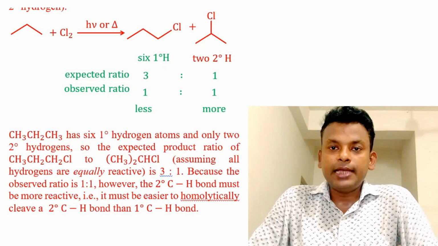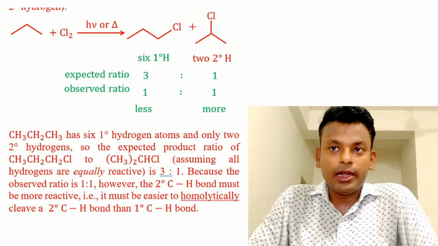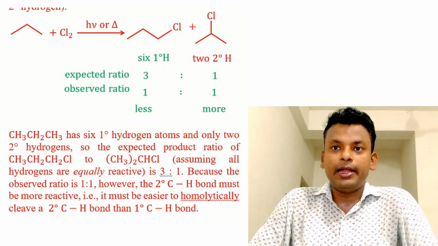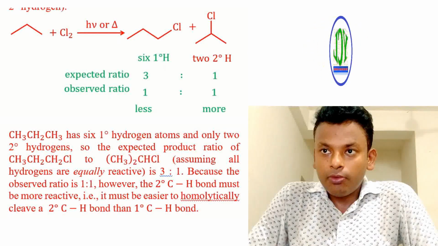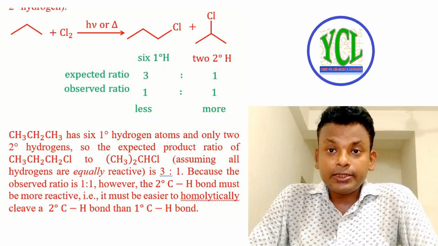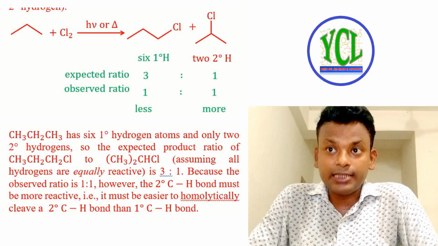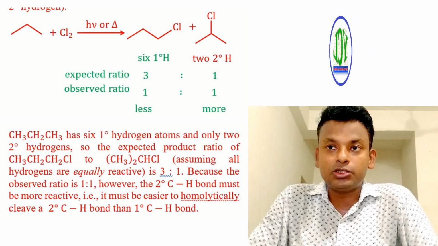Here CH3CH2CH3 has six 1 degree hydrogen atoms and only two 2 degree hydrogens, so the expected product ratio of CH3CH2CH2Cl to (CH3)2CHCl, assuming all hydrogens are equally reactive, is 3:1.